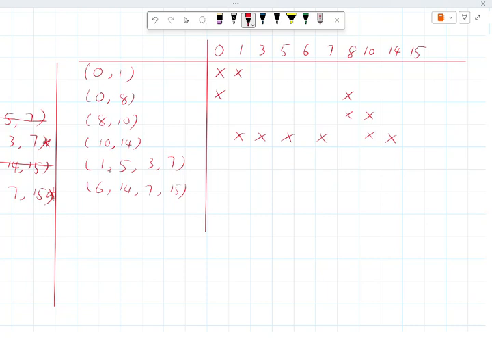What's next? Oh, here we go. Put it on the wrong position. Okay. Next, 6, 14, 7, 15. All right.